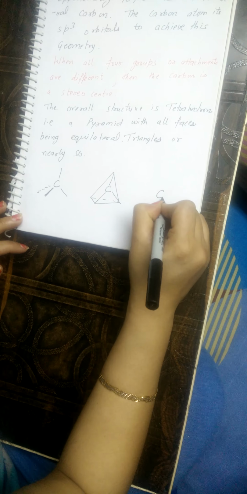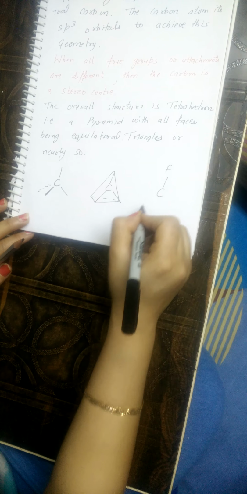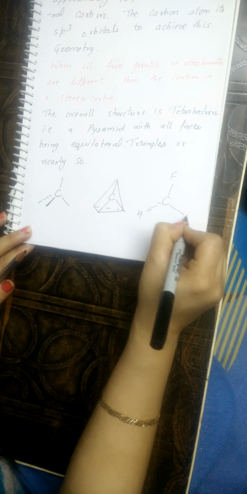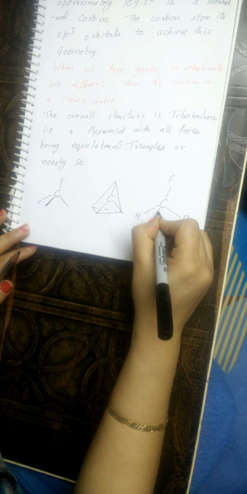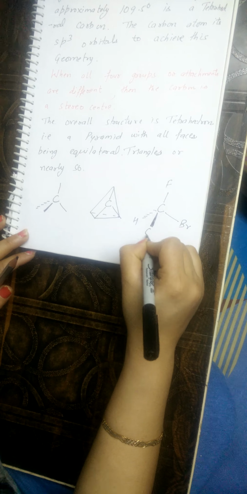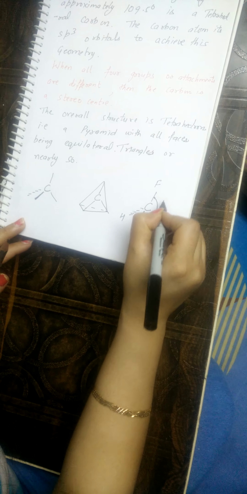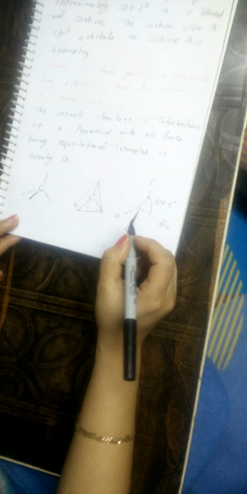When all the four groups are different, it will be like this, and that particular carbon will be the stereo center. Now the bond angles will be quite different, like it will be 109.5 degree.